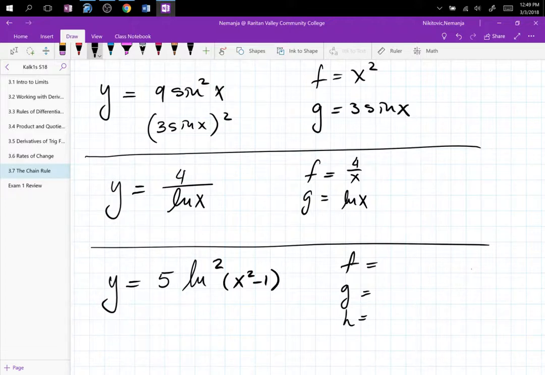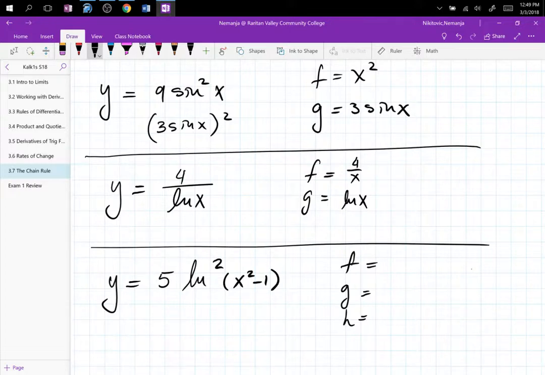So for some of you, it will be easier to work backwards. For some of you, it will be easier to work forward. If you go F to H or H to F, I don't know which way you do this. There's always only one right answer. So where would we start?